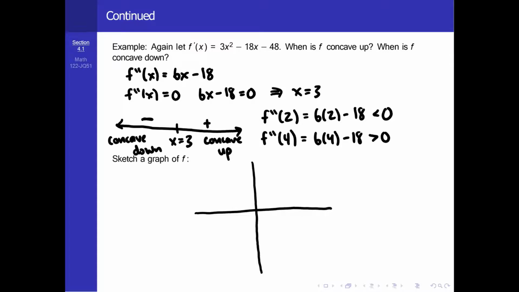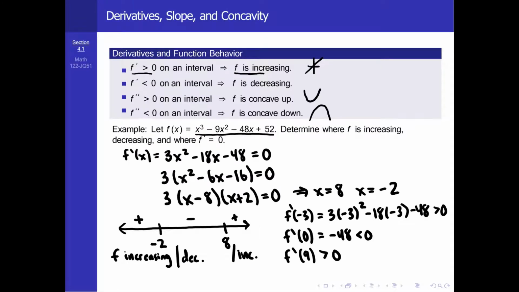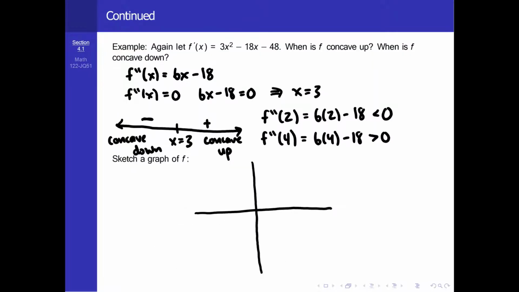Okay, so going back to the previous slide, we had 2 points where f prime was equal to 0. That was at x equals negative 2 and x equals 8. And so I'll make special note of those points. And I'm going to find output values for both of those points.